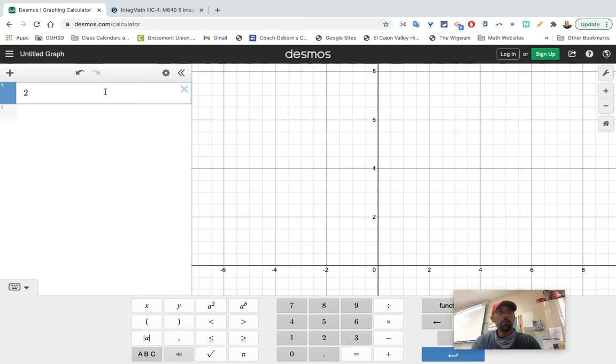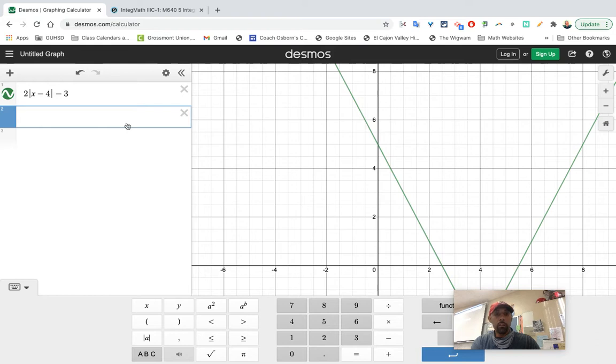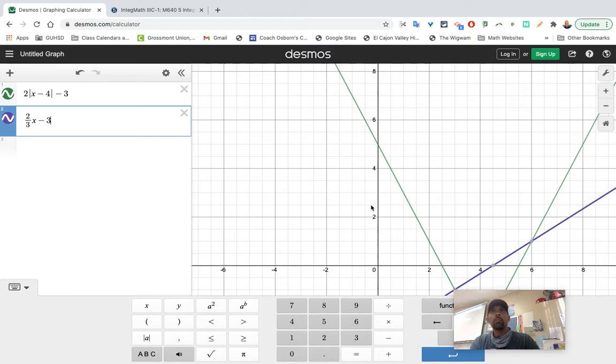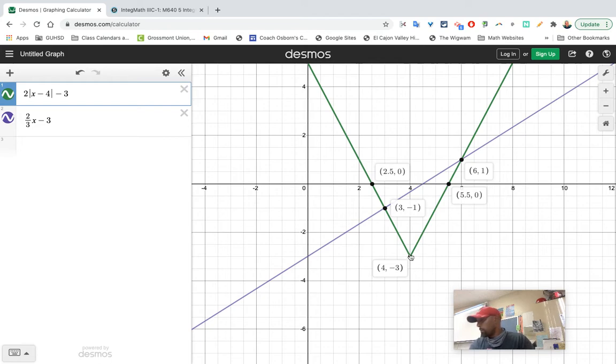I have 2 absolute value of x minus 4, and then minus 3, and then the other one is going to be 2 divided by 3, x minus 3. Okay, so here, let's start with this one. And I've got a point here, a point here, a point here, a point here. Look at all those great points. Okay, so I'm not going to use all of those. But let's see. It looks like a solution at (3, 1) and (6, 1).